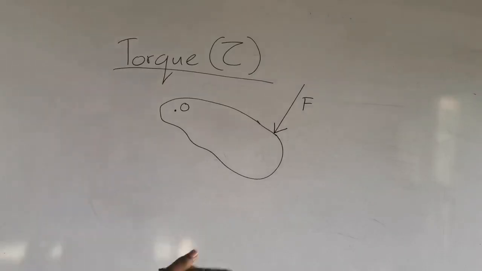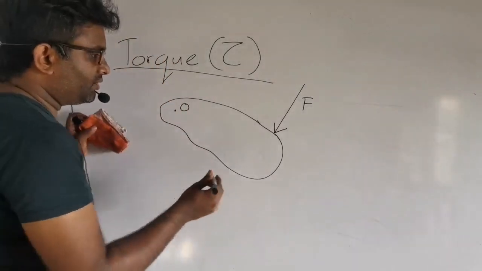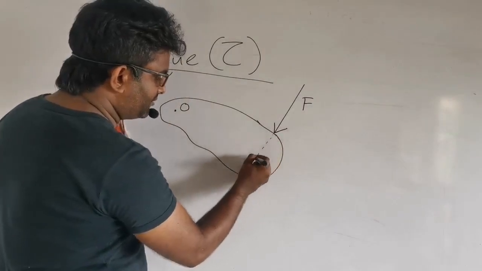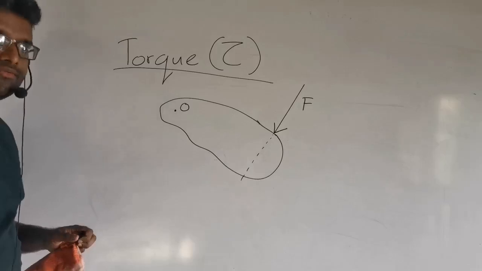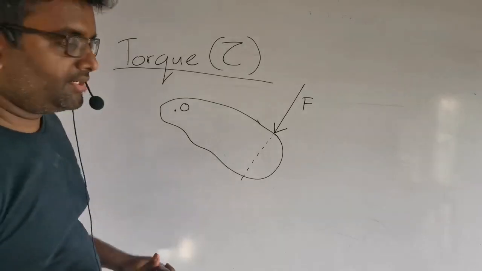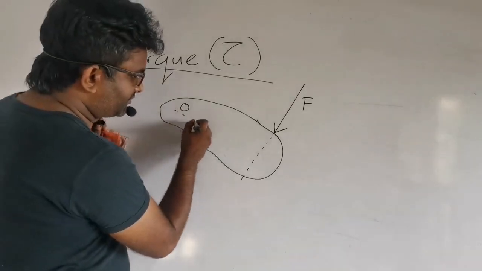Then write down the next subheading, right? So the next topic is torque. Right, now actually torque is another name for the moment of a force, right? So you know the definition for the moment of a force.